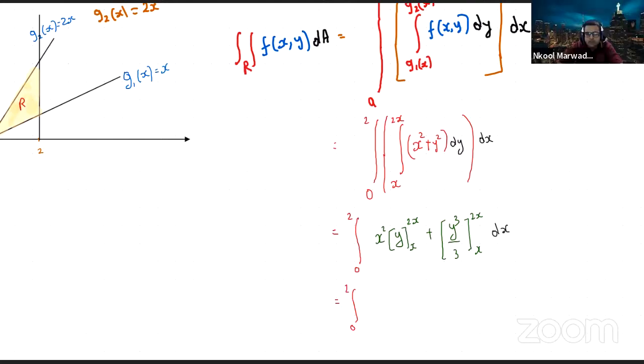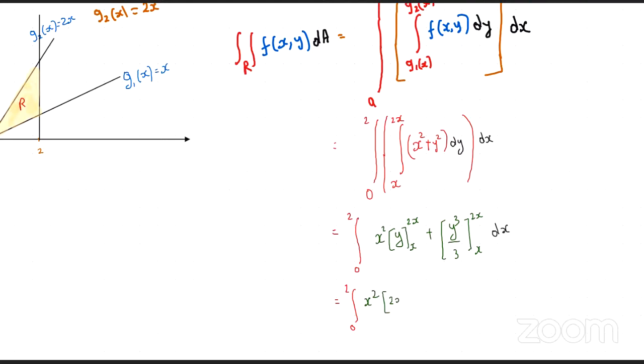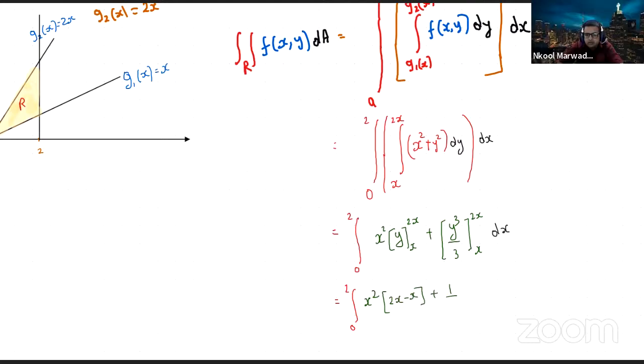The 2x minus x will be x, so it becomes x cube. Let me write it properly. See, x square we have; when I put the limit, I get 2x minus x. Plus 1 by 3 I can take outside, it will become (2x) whole cube minus x cube, dx.